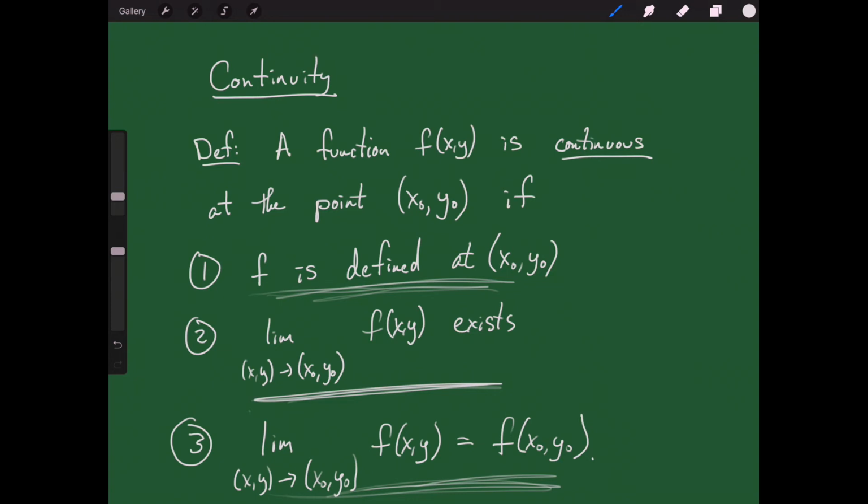Okay, so another thing that we had in 2 dimensions that we'll also define in 3 dimensions is what it means for a function to be continuous. This is continuous at a point, right? But we can also talk about what it means for the entire function to be continuous. So let me write that definition down for you.